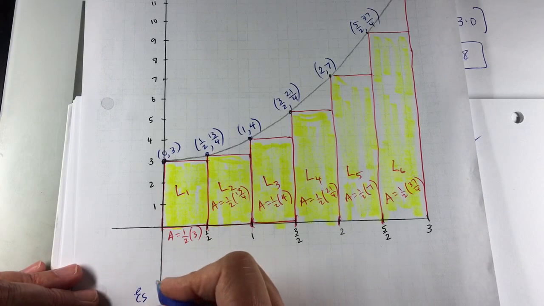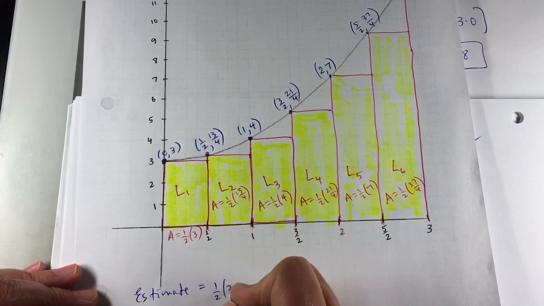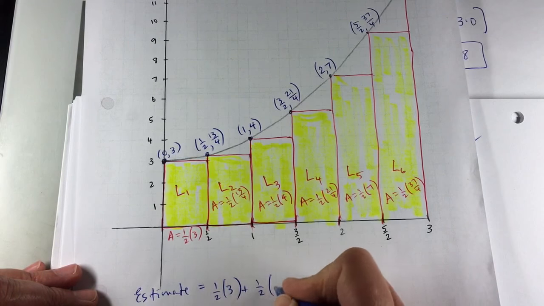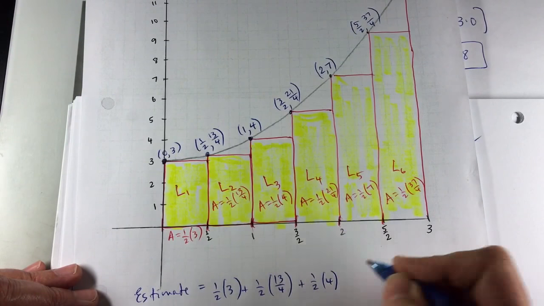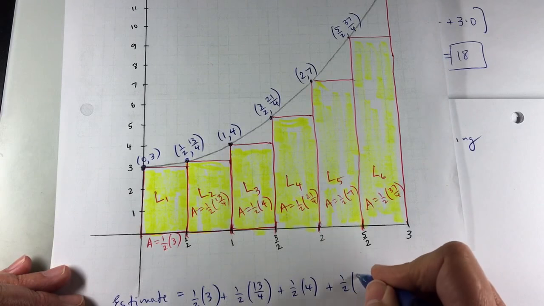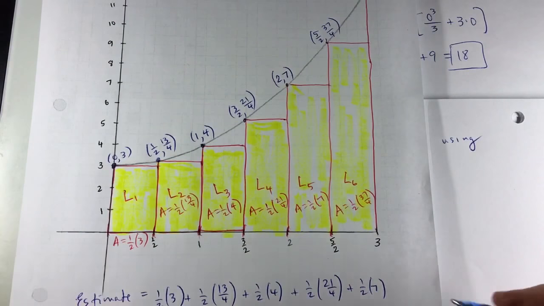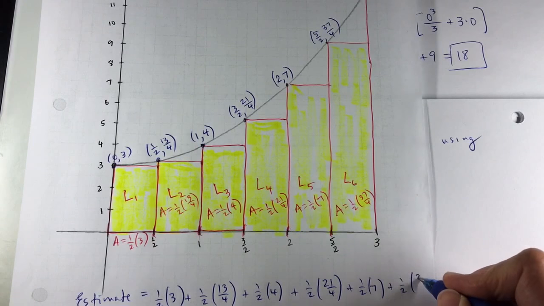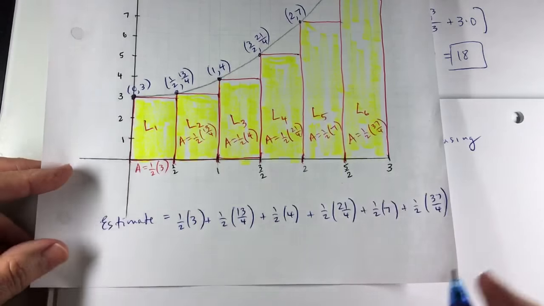So my estimate with 6 left-hand rectangles is going to be, and I'm going to write it down here. In fact, I'm going to write estimate. It's going to be 1/2 times 3 plus 1/2 times 13/4 plus 1/2 times 4 plus 1/2 times 21/4 plus 1/2 times 7 plus 1/2 times 37/4. Now the last time I worked this in a previous class, I just found each number and added them up, but I thought of something better.